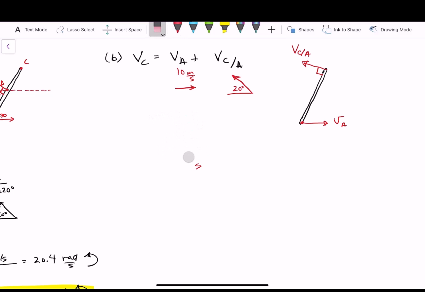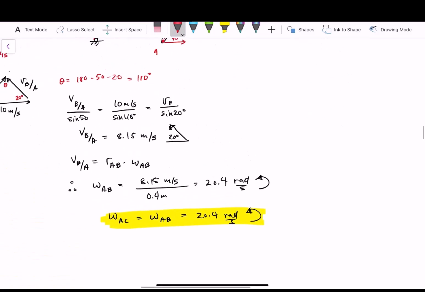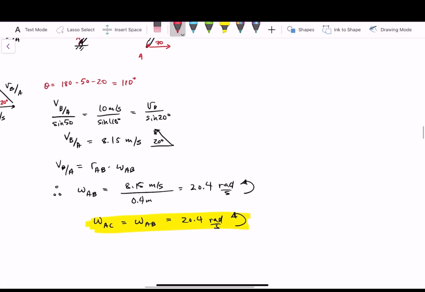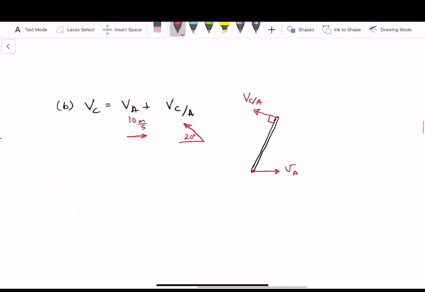Remember what I said about the last part that we did in part A, where we used the velocity of B with respect to A to solve for the angular velocity, and that angular velocity is the same no matter where you are on that body. So let's use that to our advantage.